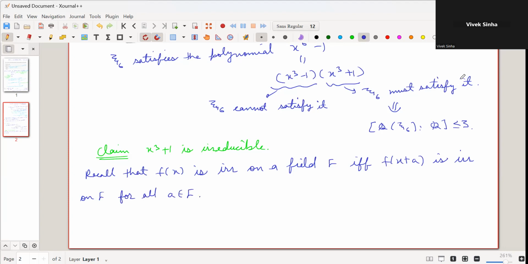The proof also we have seen, right? So let's give it some notation, maybe g(x). By replacing x with x + 2 in the equation, we get the equation x³ + 6x² + 12x + 9.